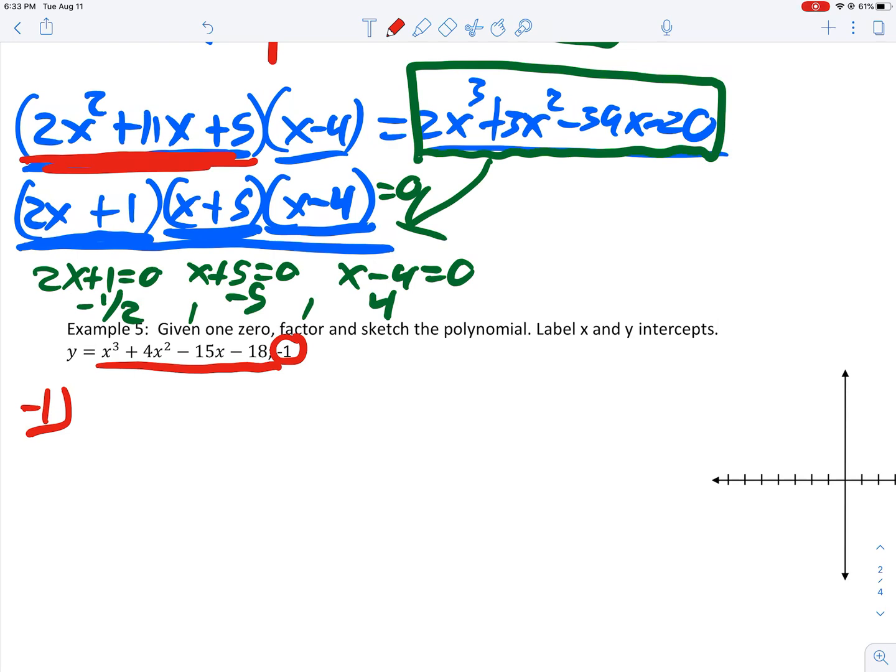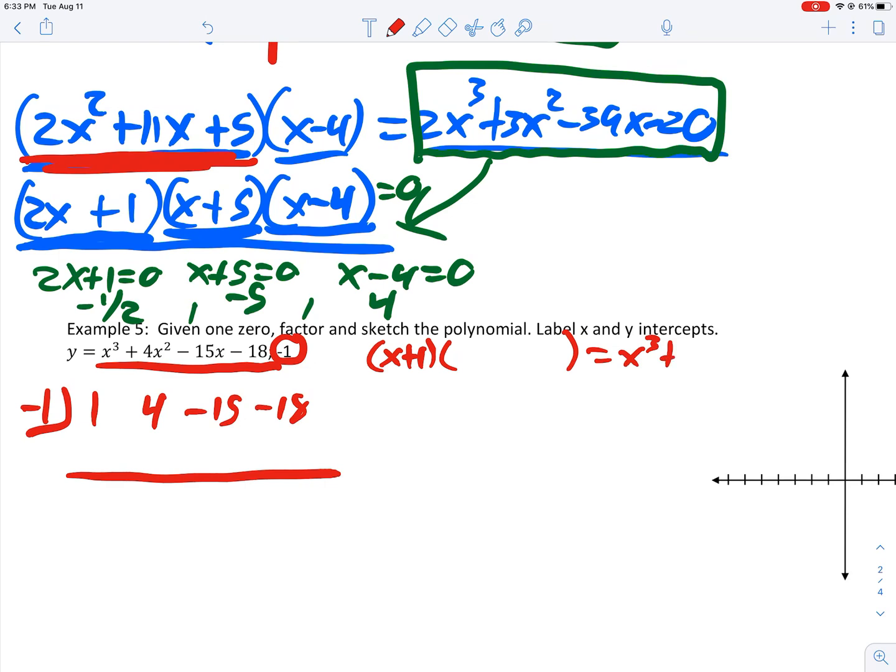So I'm going to list the coefficients: 1, 4, negative 15, negative 18. I'm doing the synthetic division so I can get a trinomial that I can factor. Because I know that if you have x plus 1 times some trinomial, it equals this big old 4-term polynomial.